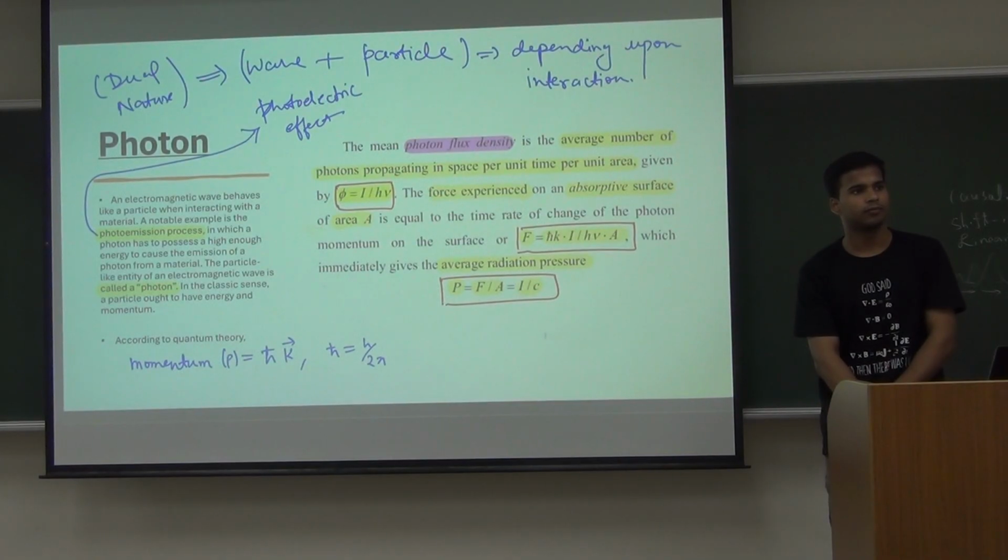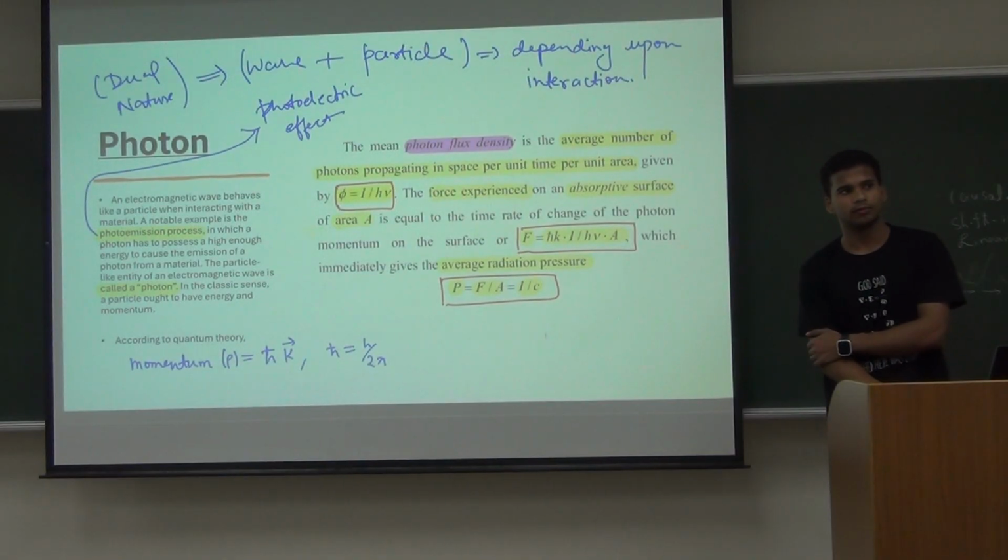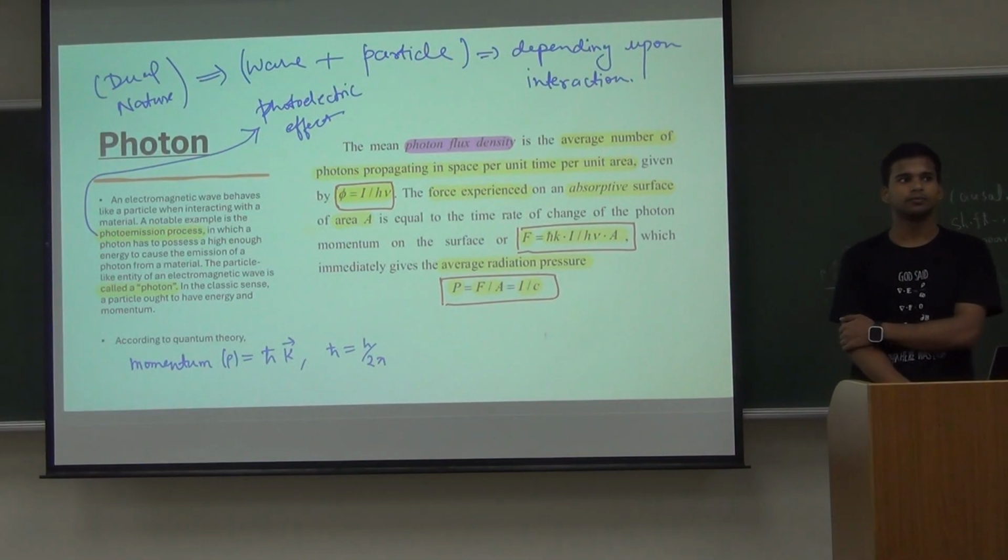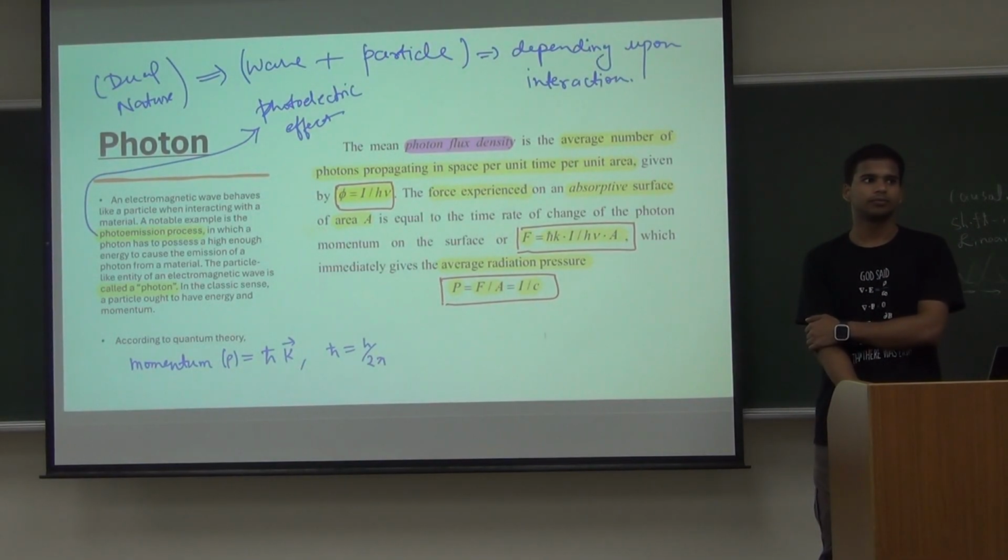So we need to make a connection between wave and particle so that we can understand how light interacts with solid materials. It turns out that there is a one-to-one correspondence between frequency and wavelength and momentum and energy.